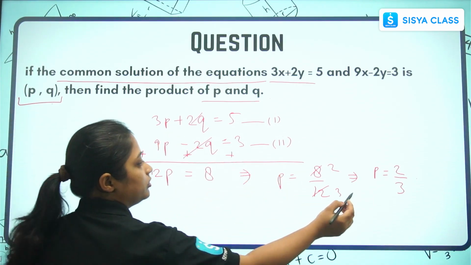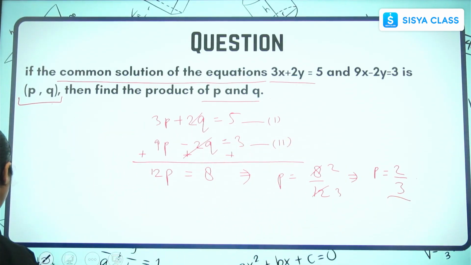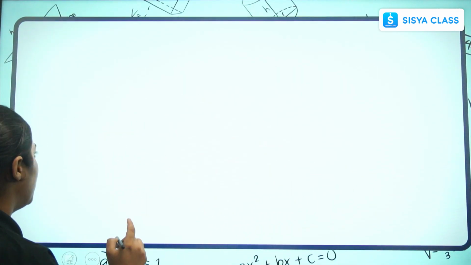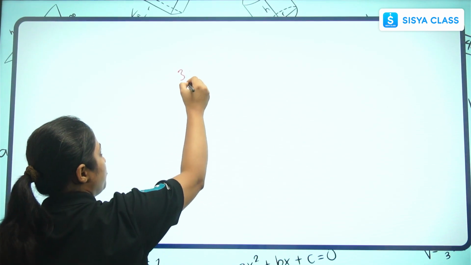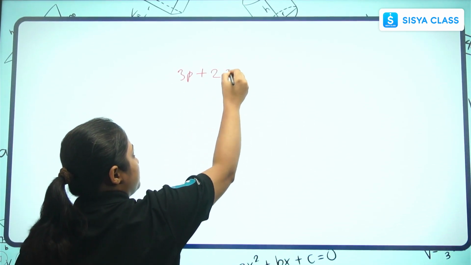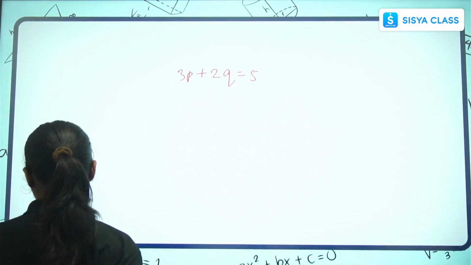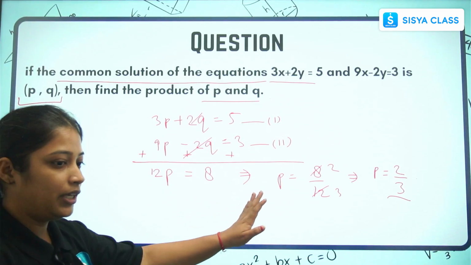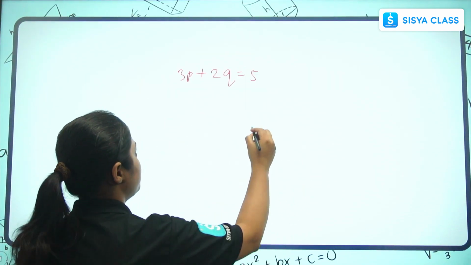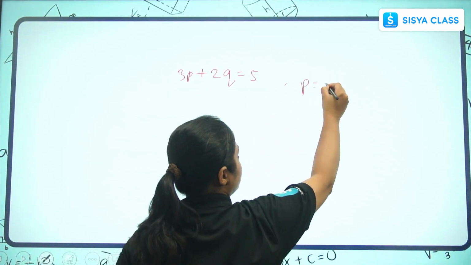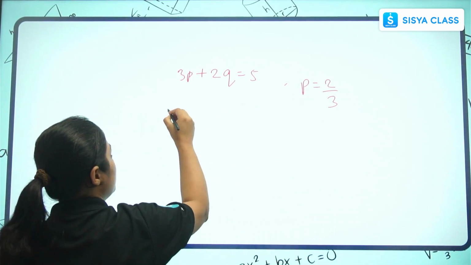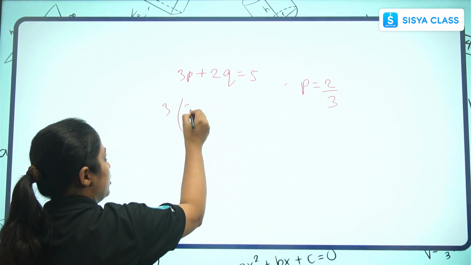Suppose let's substitute this in equation number 1, that is 3P plus 2Q equal to 5. The value of P is 2 upon 3. Just substitute here.